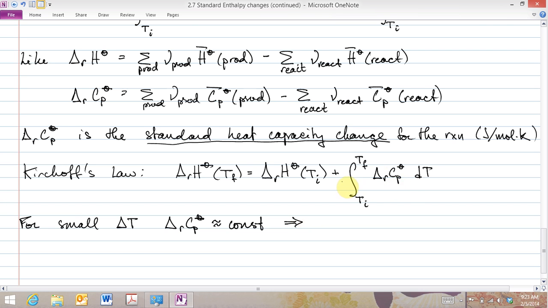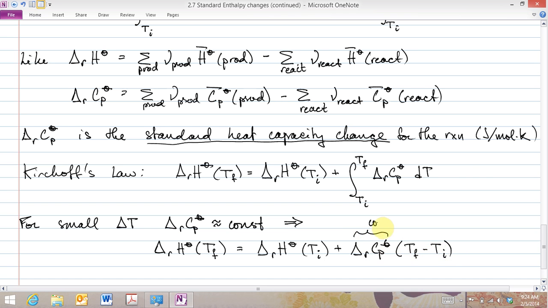It gets moved to the outside of the integral, and we are just simply left with the following linear equation. And again, this is being treated as a constant.